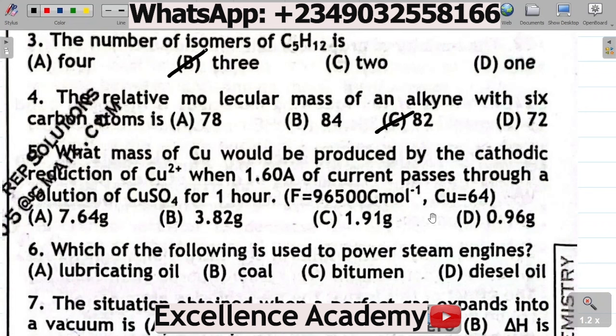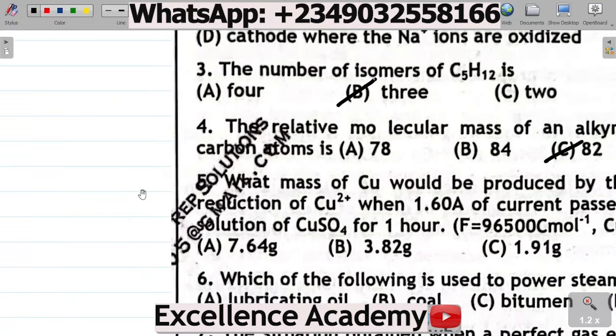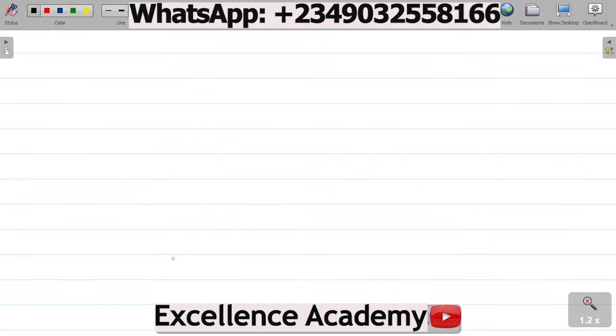Now, for this question, we're going to be using a particular formula, and I will do a very brief derivation of the formula. So let's derive the formula for question 5. The first thing you want to recall is Faraday's first law.